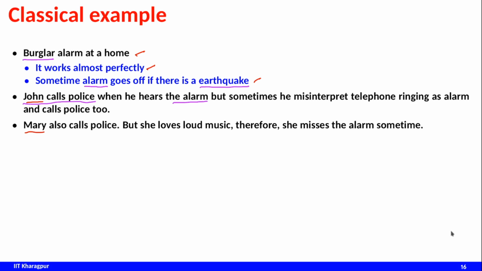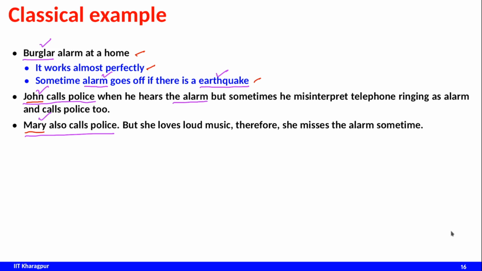If the alarm goes off, then telephone ringing is not there, and if the telephone ringing is happening, then alarm is not there. Similarly, Mary calls police is another event, but not with 100% certainty, because she loves loud music, so she can miss some of the alarms. So typically we will have these five variables: burglary, alarm, earthquake, John calls, Mary calls.